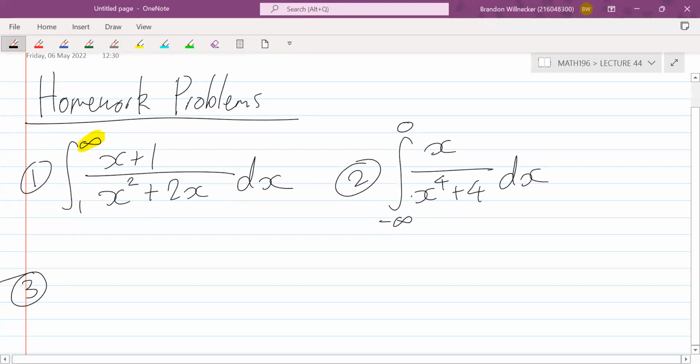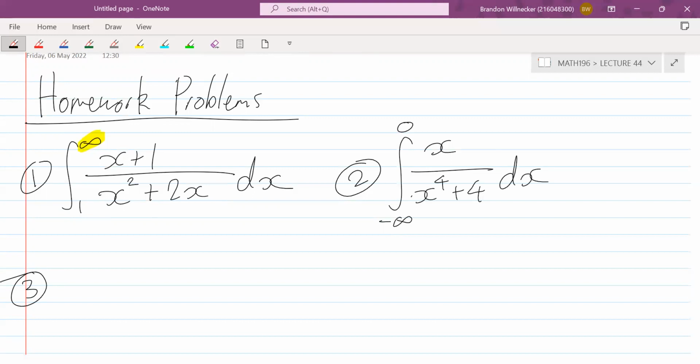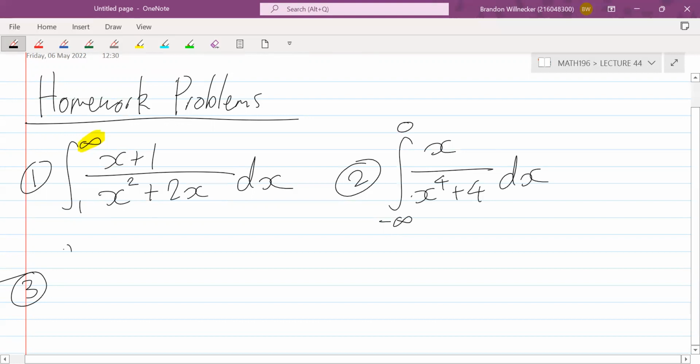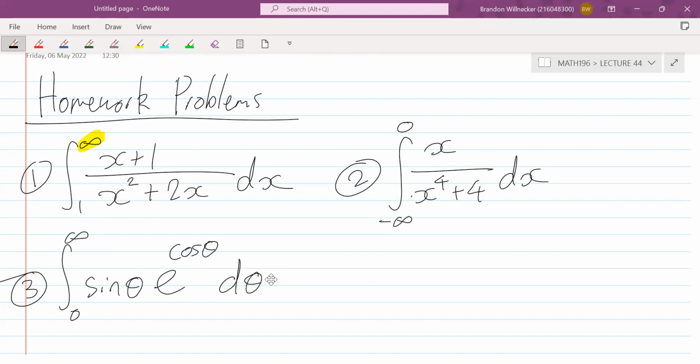Number 3, let's have the integral from 0 to infinity of sine theta e to the cos theta d theta. Okay, that's a bit of a weird one, but just note the upper bound being infinity there.